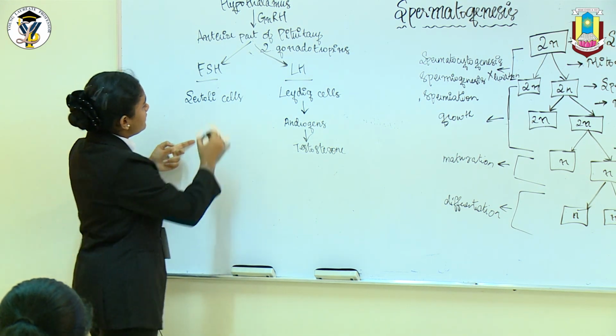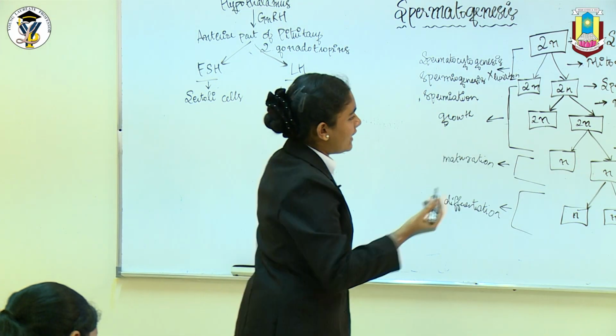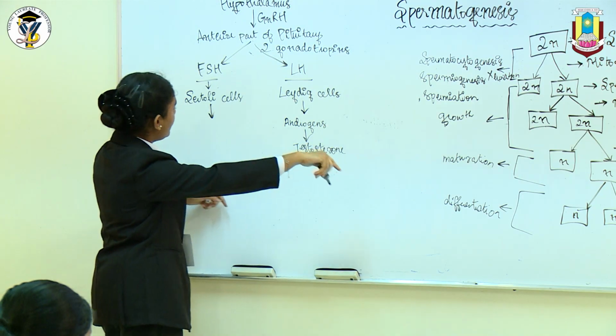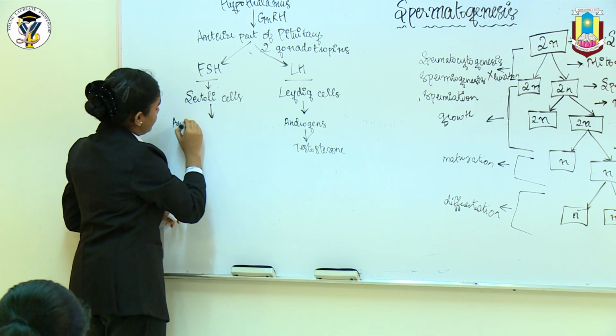And here the Sertoli cells are also triggered by the FSH, and they release some factors. Actually only this much is there in NCERT, but Sertoli cells are actually releasing androgen binding proteins.